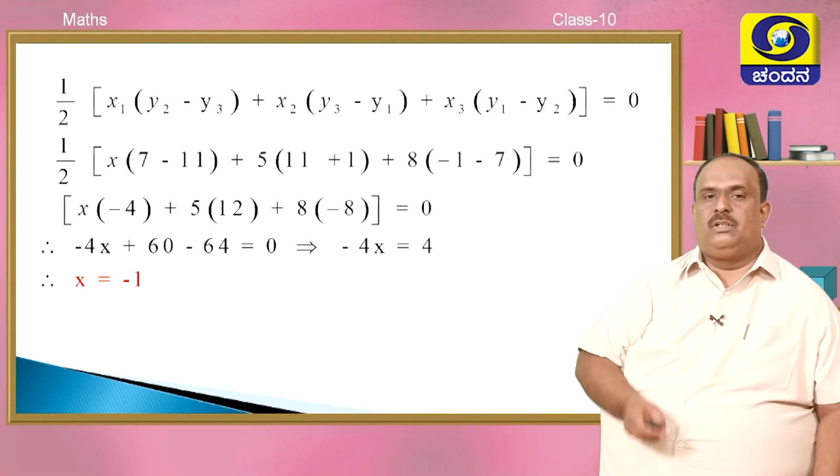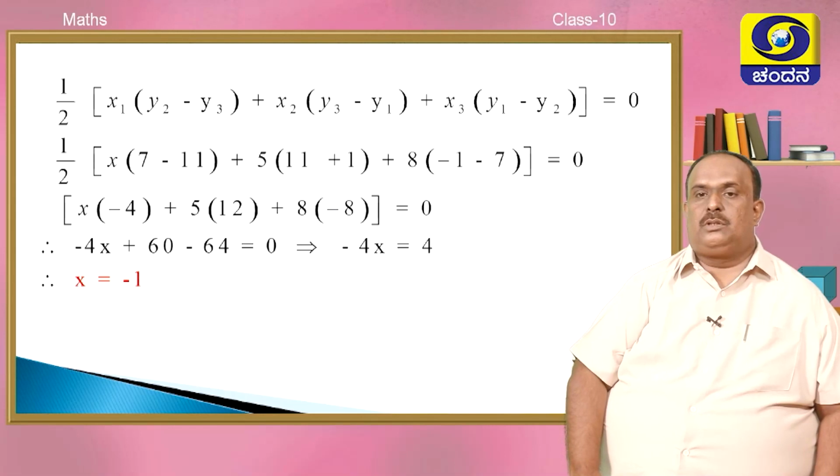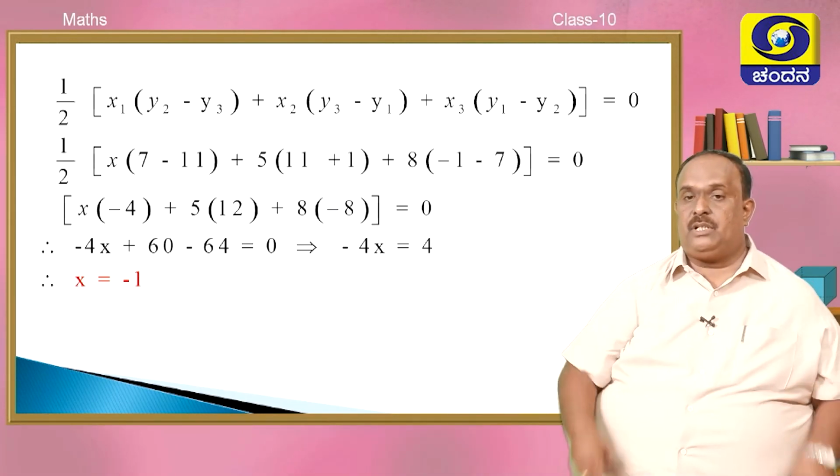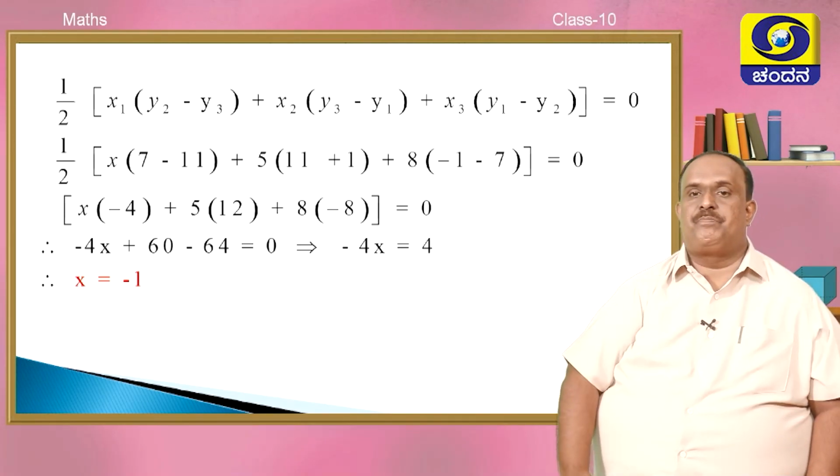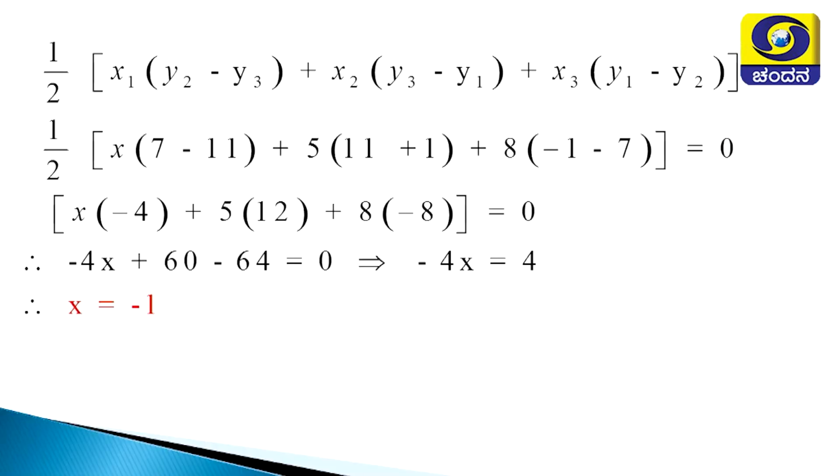Write the data. Formula is there. Now, in the beginning itself I have taken 0. Why? Because the problem says the points are collinear. That's why 0. Substitute. Shift 2 to the right hand side. 2 into 0 will be 0. x into minus 4 plus 5 into 12 plus 8 into minus 8 equal to 0.